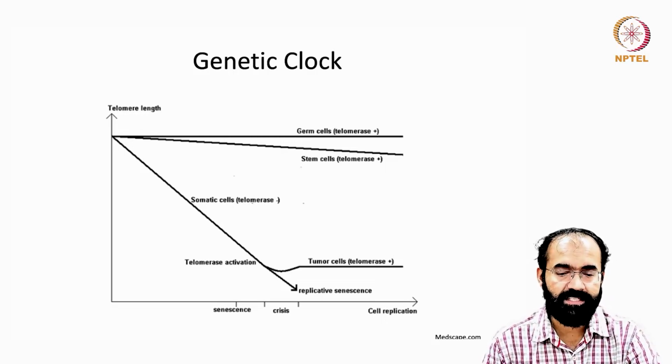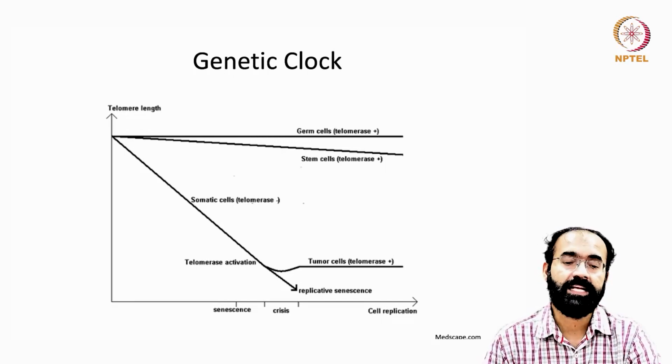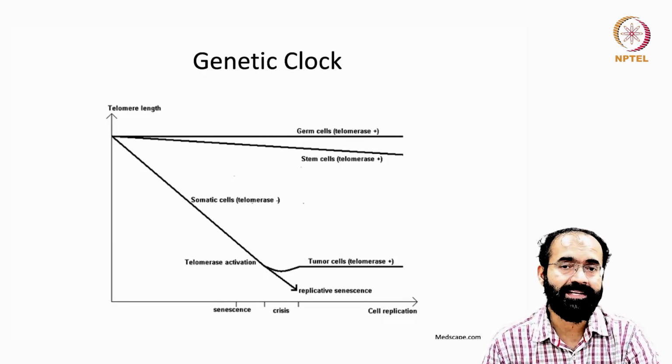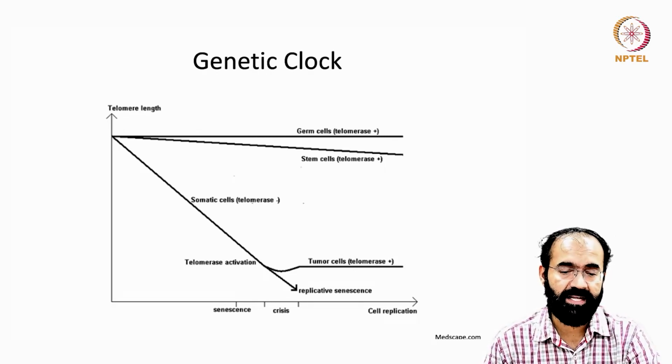When telomerase is present, such as in germ cells, stem cells, etc., the telomere length is more or less going to follow a similar trend, from bottom zero to maximum. This is a definitive telomere length. But in somatic cells, the telomere length decreases as the cell division continues. The x-axis is the cell replication.